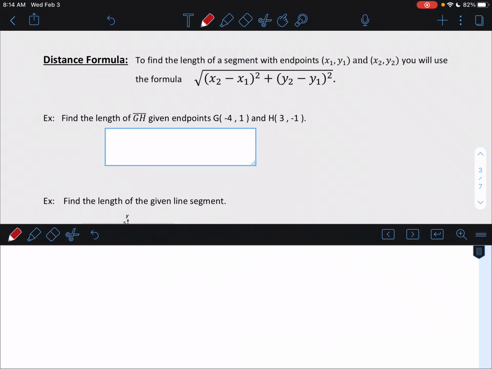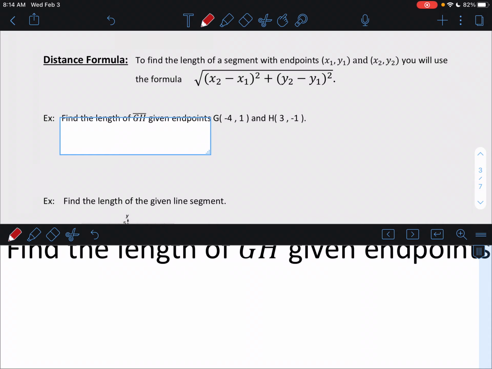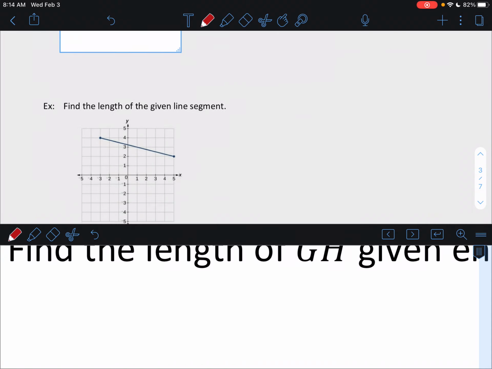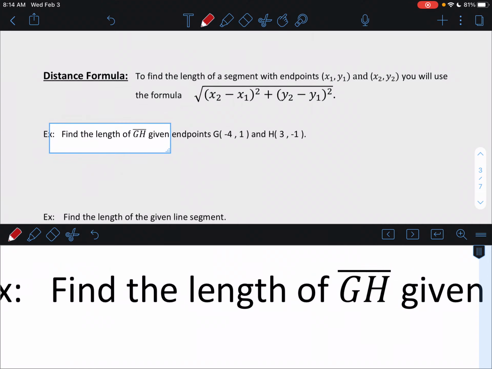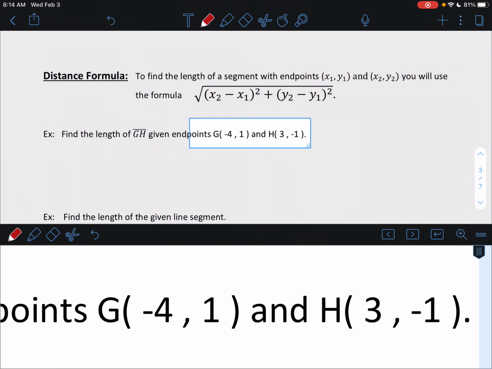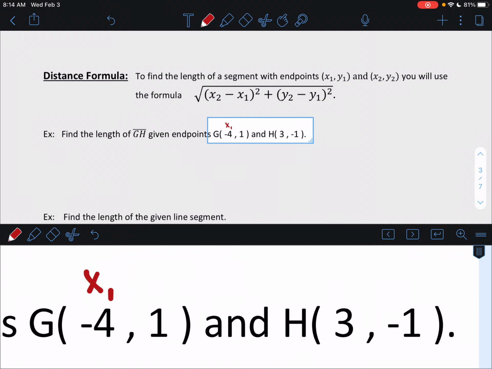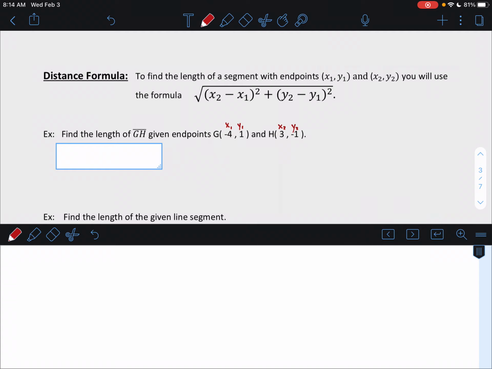So let's plug that in. We want to find the length of this segment GH given the endpoints -4, 1, and 3, -1. So I'm going to have my x1, y1, my x2, y2. If you ever see me write d, that means distance.